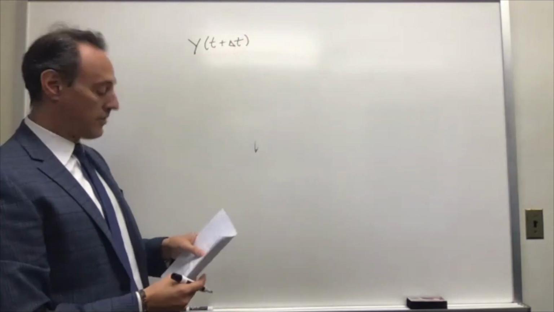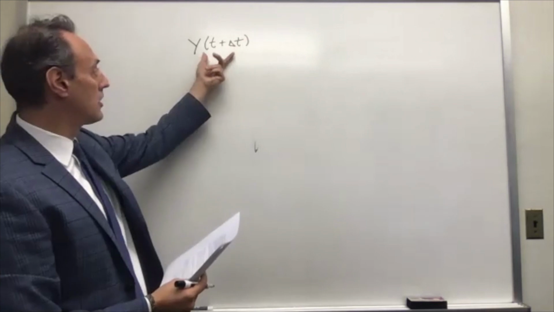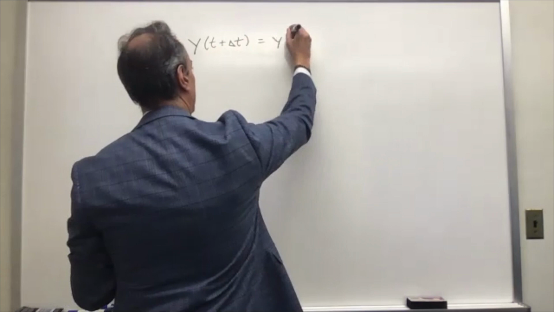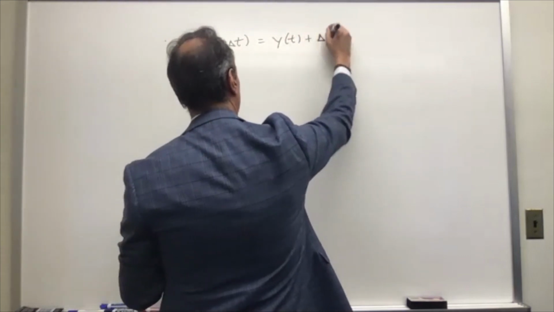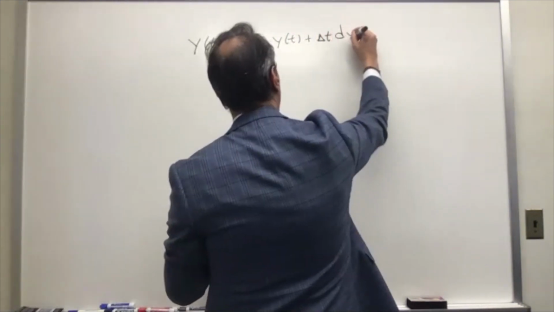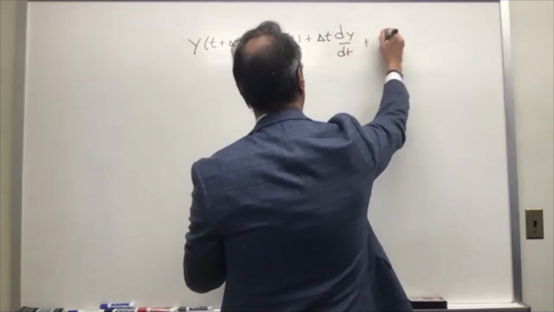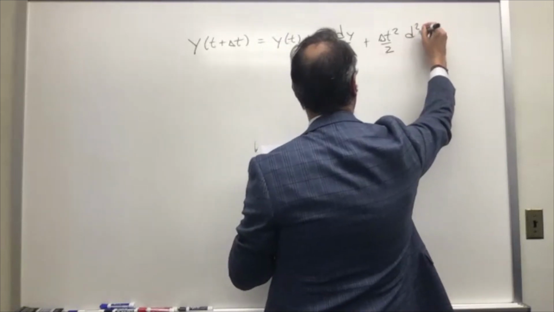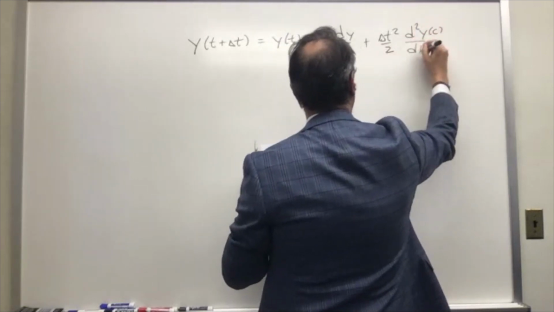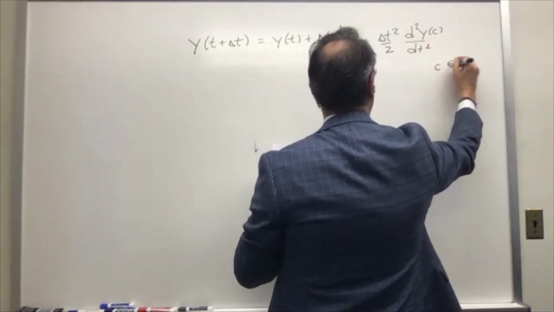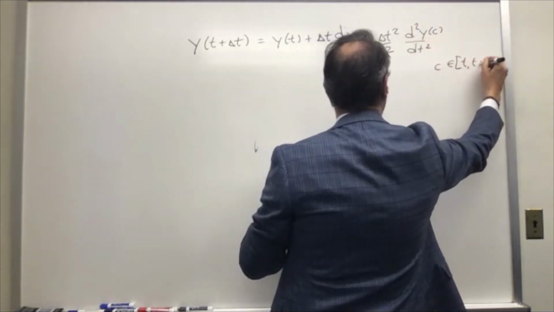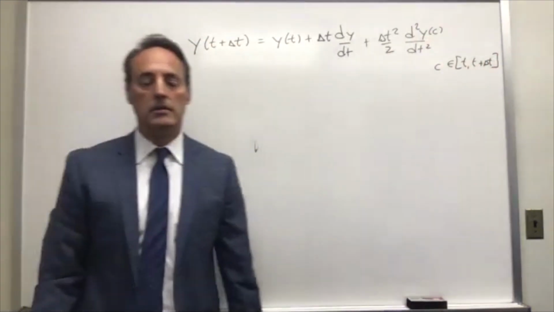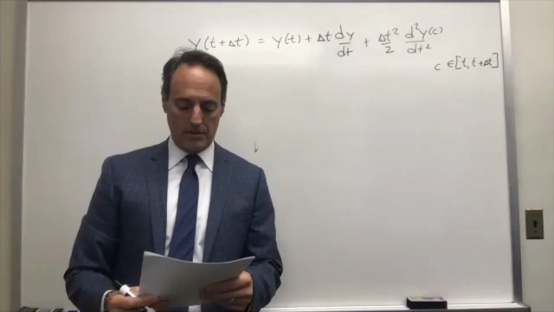And what we know from a Taylor series expansion is that I could look at this function at t and get something like this: delta t dy dt plus delta t squared over 2 times the second derivative of y at some c, where c is somewhere between t and t plus delta t. This is an exact formula coming right out of Taylor series expansions.